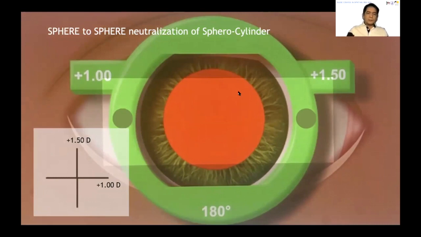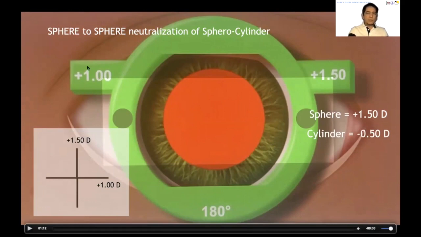In this case, your spherical component is the highest plus, so that's plus 1.50. Your cylindrical component is the difference between plus 1 and plus 1.50. So the difference is 0.50 diopters.